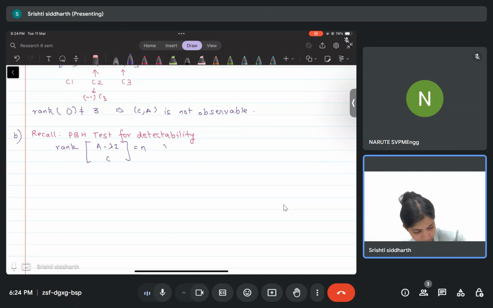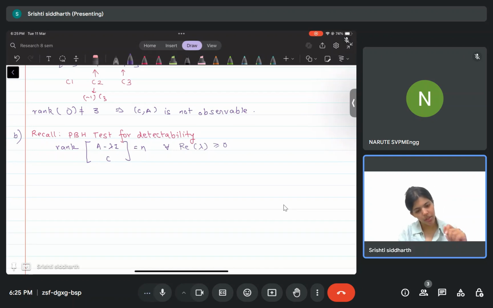But for detectability, we are going to consider only those eigenvalues whose real part is greater than or equal to 0. Alright.